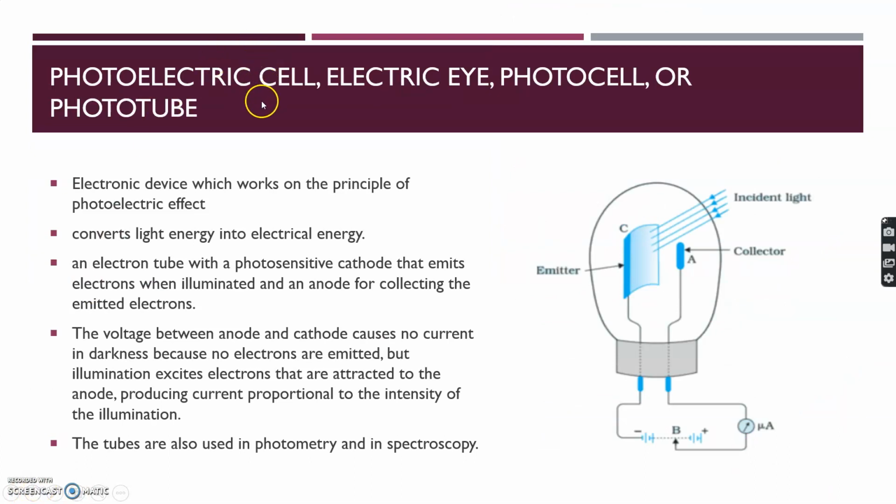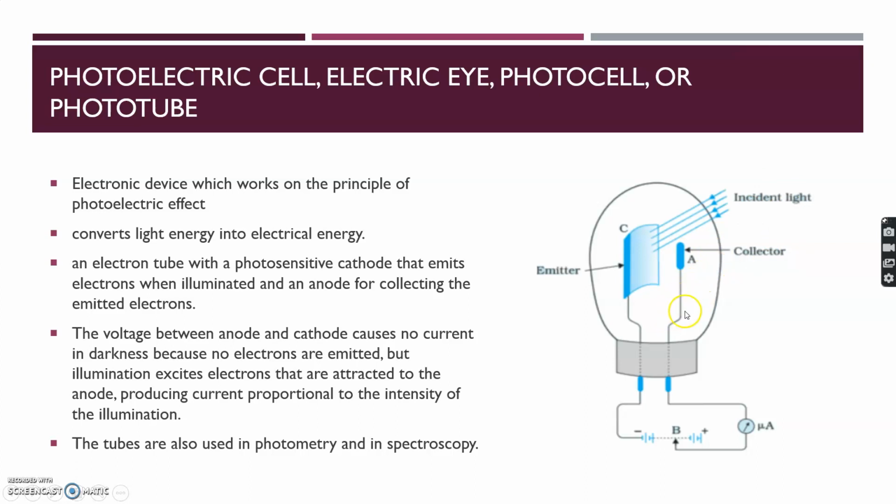Now let us look into the photoelectric cell, or photocell, or phototube. This is an electronic device, but it works on the principle of the photoelectric effect, as you can see in the schematic diagram shown. So this cell converts light energy into electrical energy. An electron tube with a photosensitive cathode emits electrons when illuminated, and an anode is used for collecting the emitted electrons.